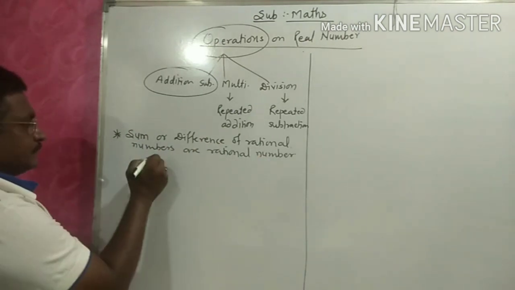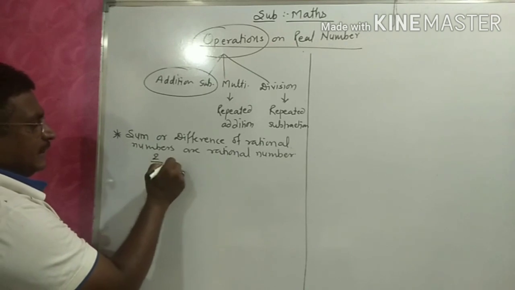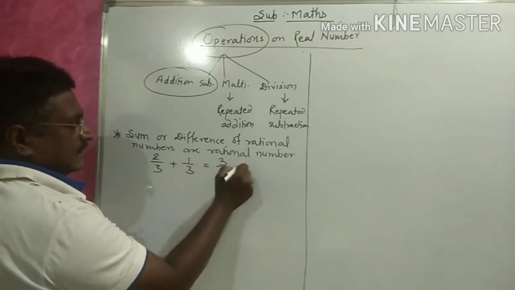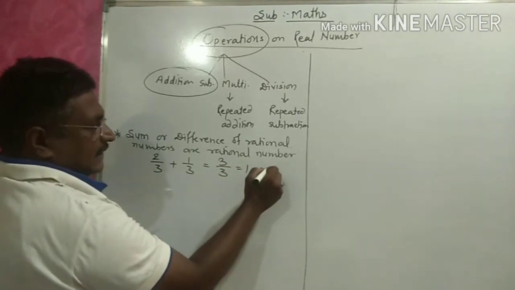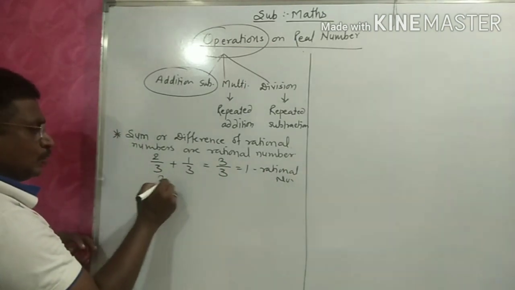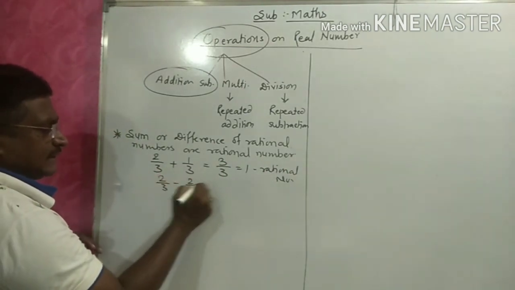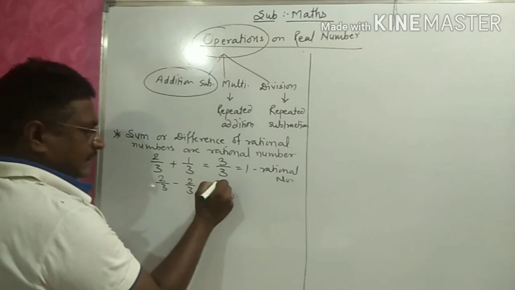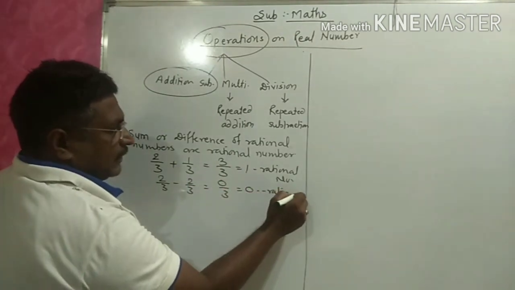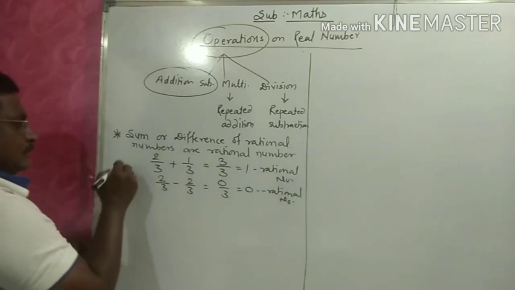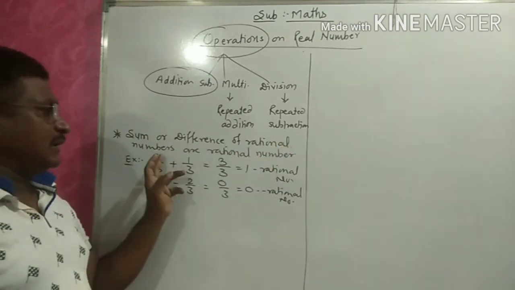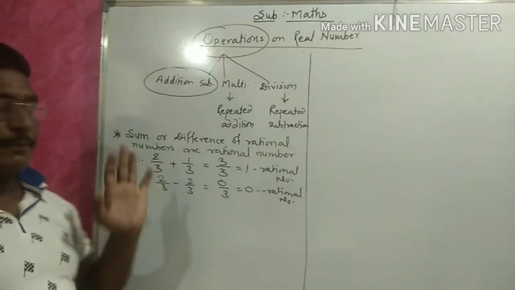For example, 2 by 3 plus 1 by 3. What will we get? 3 by 3 means 1, which is a rational number. 2 by 3 minus 2 by 3. What will we get? 0 by 3 means 0. This is also a rational number. So we can say the sum or difference of rational numbers is a rational number.